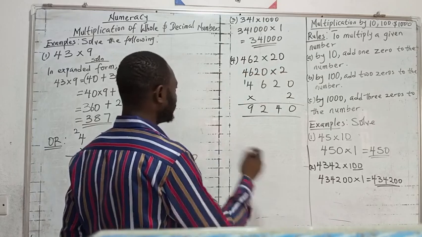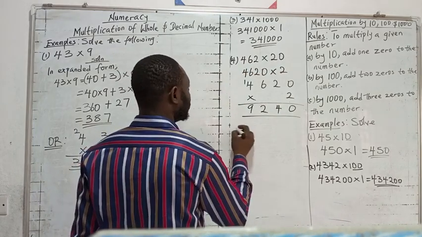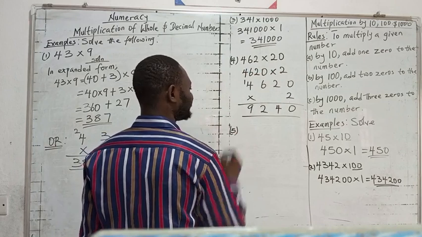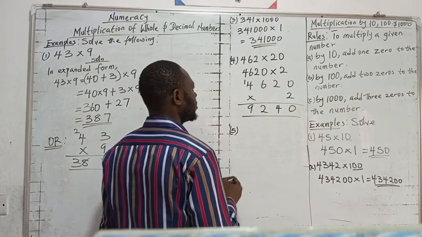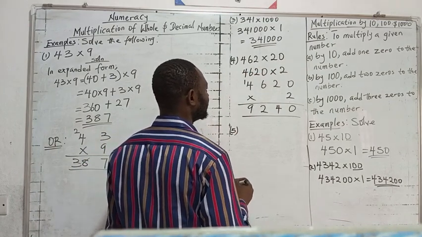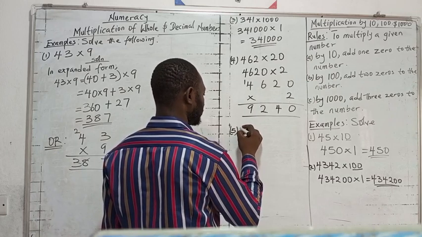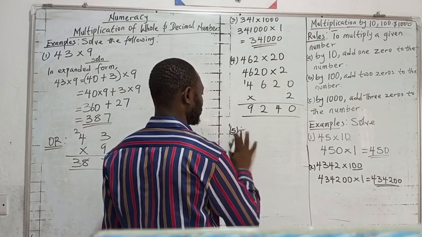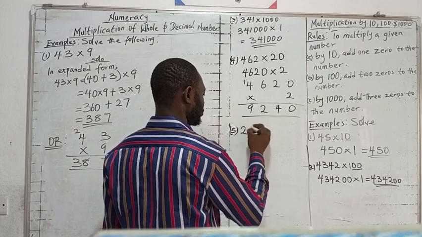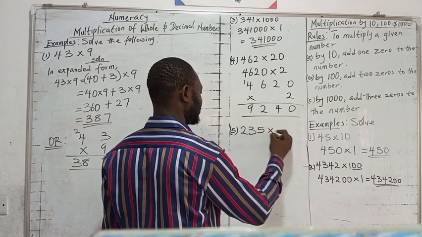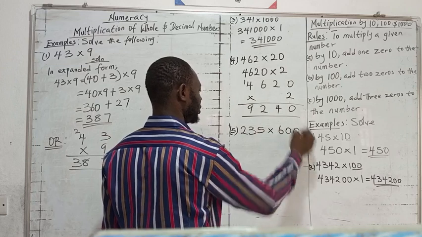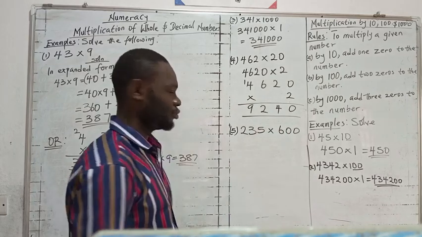Okay? One more example, then we go. Example 5. Let's say I have 235 times 600. What do we do?